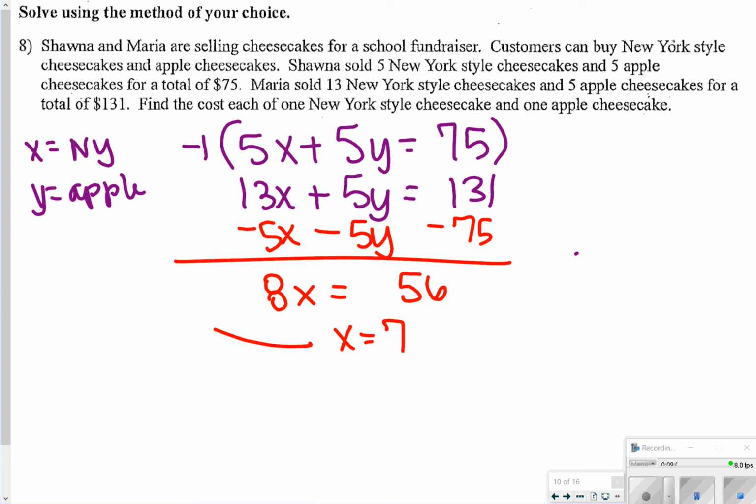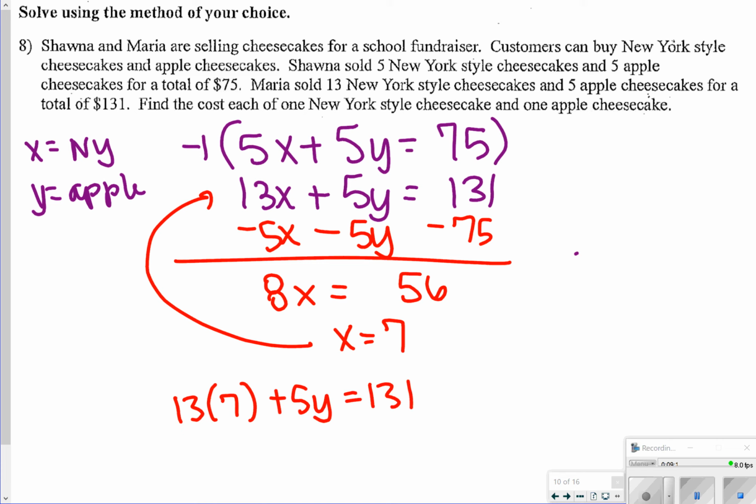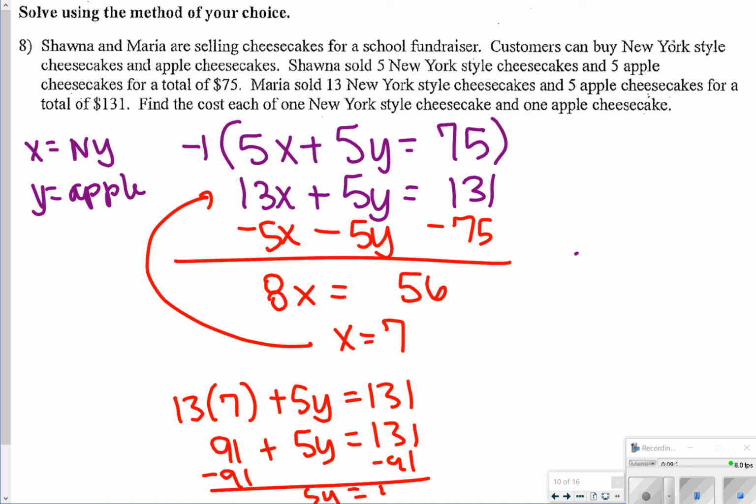So then I'm going to go back and plug it in to one of these other equations. So 13 times 7 plus 5y equals 131. 13 times 7 will give me 91. Plus 5y is equal to 131. Subtract 91 from both sides, and I get 5y is equal to 40.